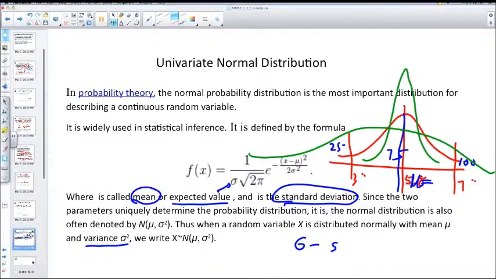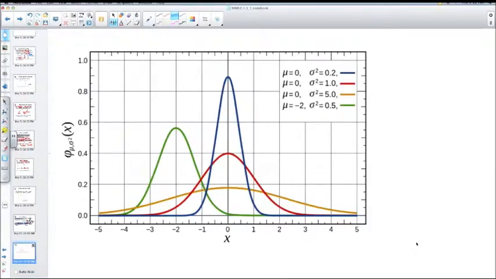Let's look at another graph. Now, this is 4 different examples. 3 of them all have the same mean, mu equals 0. When the mean is 0, in signal processing or other applications, we call this white noise.